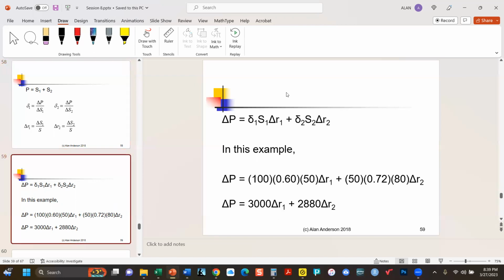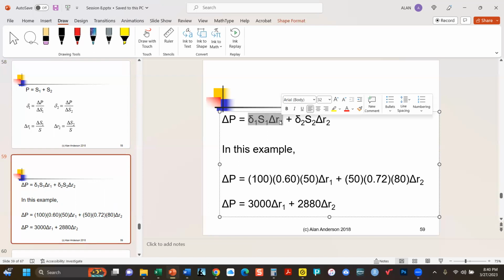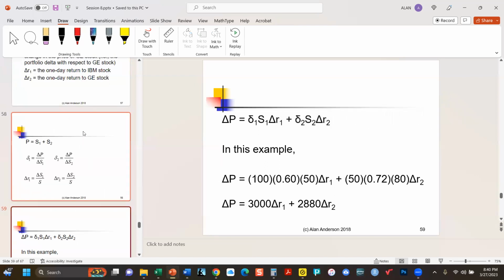So the change in the portfolio value comes from the change in IBM plus the impact of the change in GE. So now we don't know what delta R1 and delta R2 are just yet. Those are the rates of return to the two stocks.